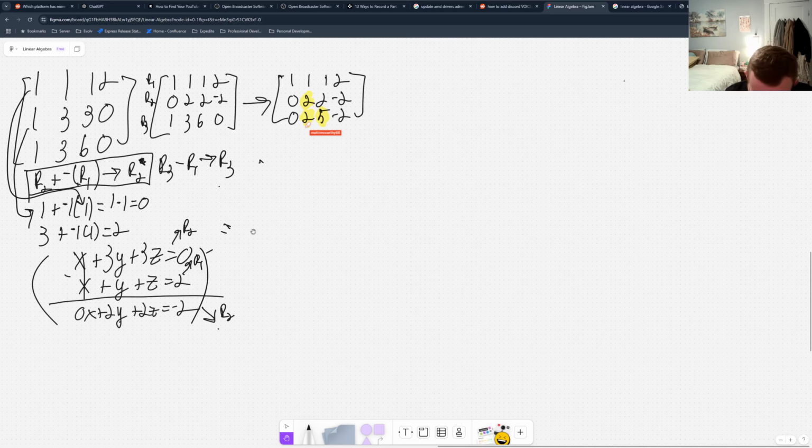Since this is our first exercise, I'm just going to tell you what to do. I would suggest we do the same thing. We want 0 here, so we want R3 minus R2, or plus negative R2, doesn't matter, into R3, so that we end up getting that 0 here.